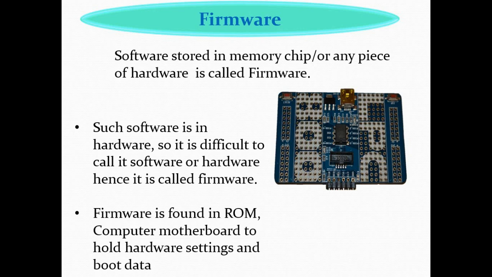So what is firmware? It is the software that is present in a memory chip or any hardware. Applications of computers. You know very well computers are widely used in almost all places.